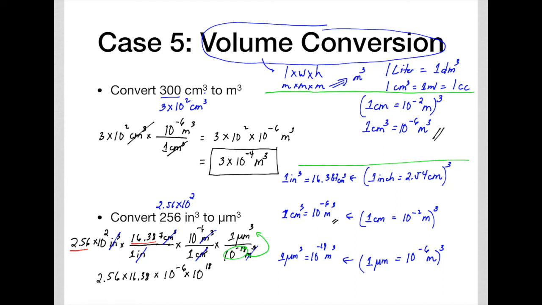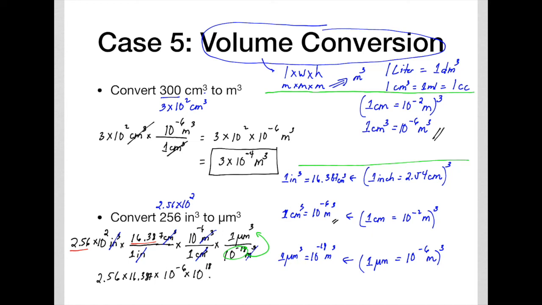So let me press 2.56 times 16.38. By the way, that's 16.387. Okay, and we have now 41.95.